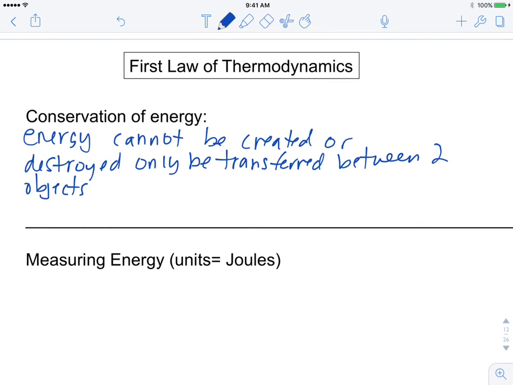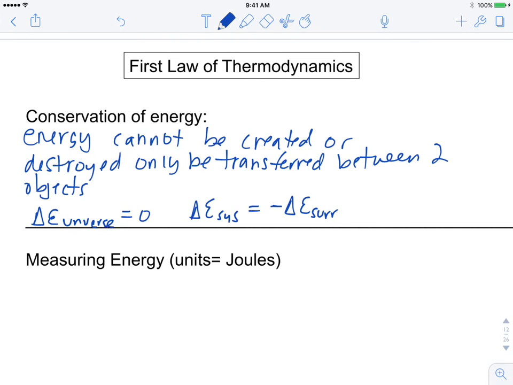So another way of looking at the conservation of energy is that the change in energy of the universe is equal to 0. And what this means is that the change in energy of the system is equal to the opposite energy change of the surroundings.